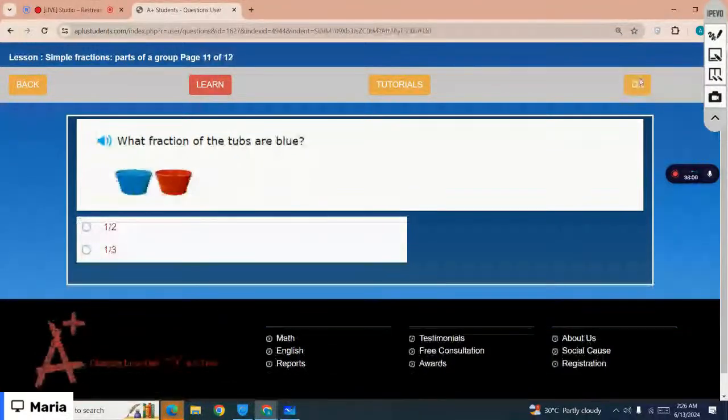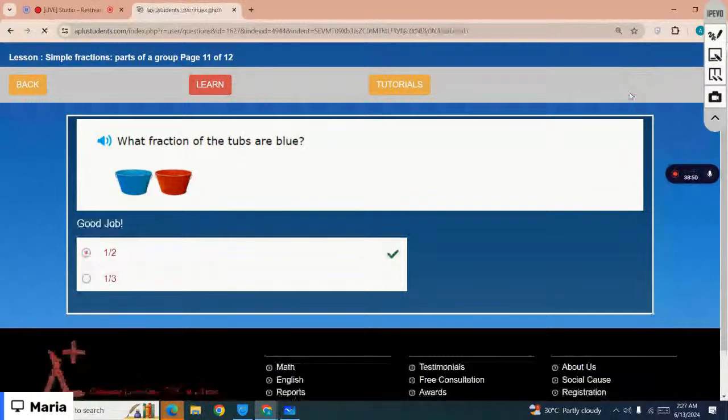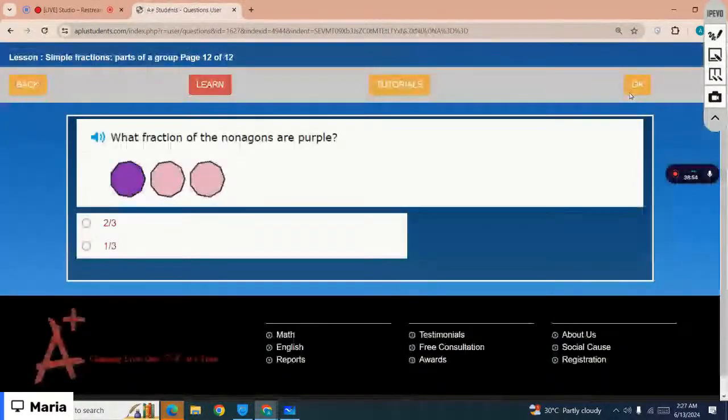What fraction of the tubs are blue, which is the correct option? Yes, that is 1 out of 2. What fraction of the nonagons are purple?